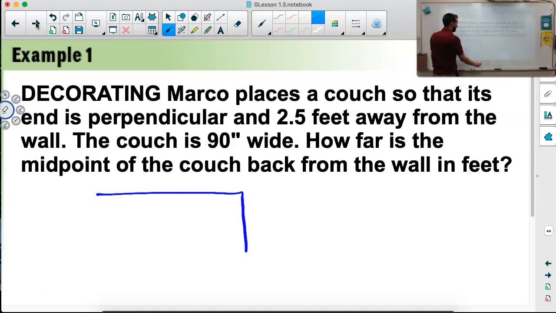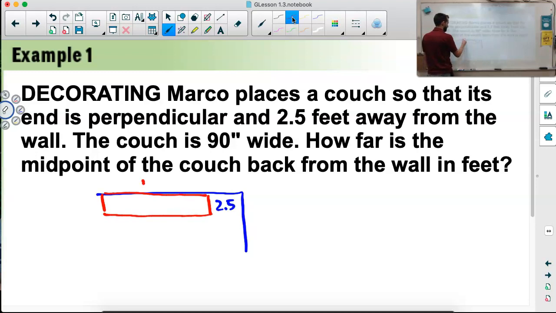Here's the wall corner, it's 2.5 feet away, and then you've got your couch. This is 90, and I want to be careful. This is inches, but this was 2.5 feet. So if I change this to inches, 2 feet is 24, half of a foot is 6... so we've got 30 inches here.